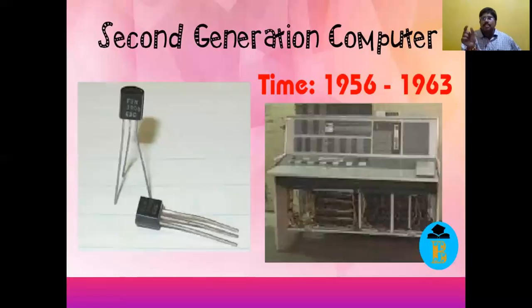The silicon chip size will be somewhat bigger than this particular transistor, approximately the area occupied by 3 to 4 transistors. But in that particular IC, some hundreds of transistors, or 50 to 100 transistors, are fabricated.